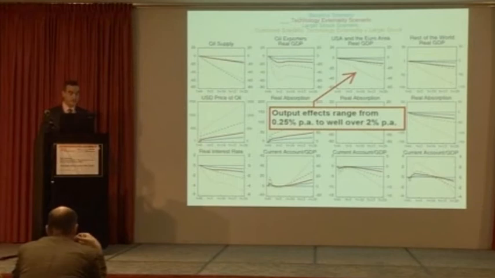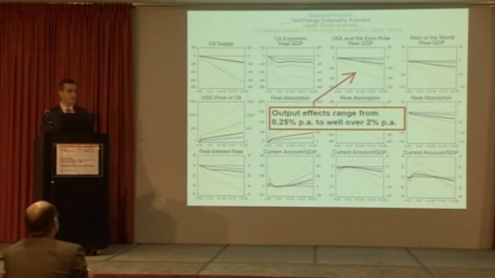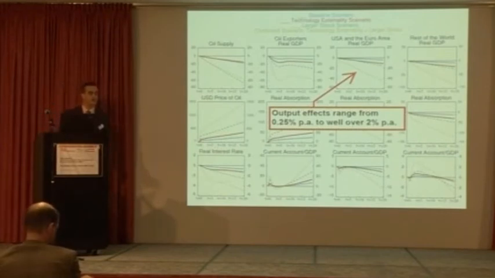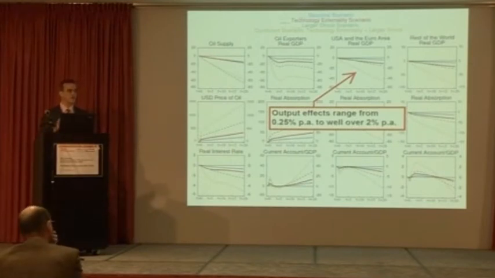So here we see the simulations. We group the countries into oil exporters, US and Euro area, and rest of the world. And the baseline scenario is the blue line. As I said, that's consistent with the empirical work. The red one is technology externality. This is saying a lot of what we have been counting in the decompositions as technology shocks has in fact only been possible because we've had oil to run these technologies with.